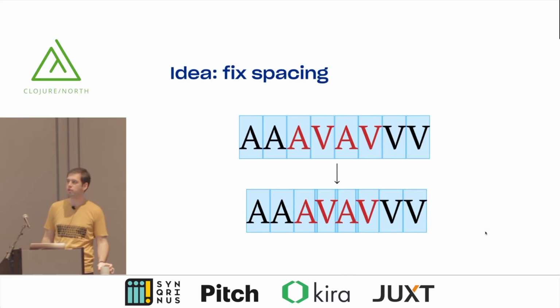But that's not all. It doesn't end here, right? Fira Code is actually doing something more for programming. The second thing it does is fix spacing, right? Spacing is also a problem in traditional fonts. If you imagine that each letter is some shape in a box with fixed dimensions.